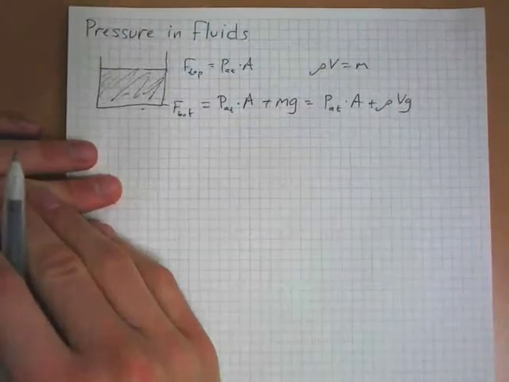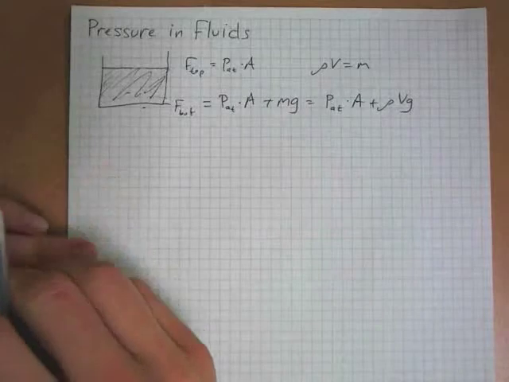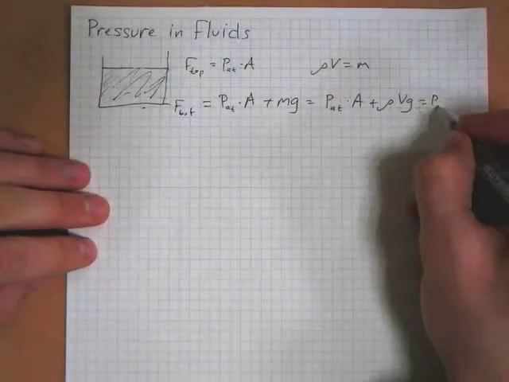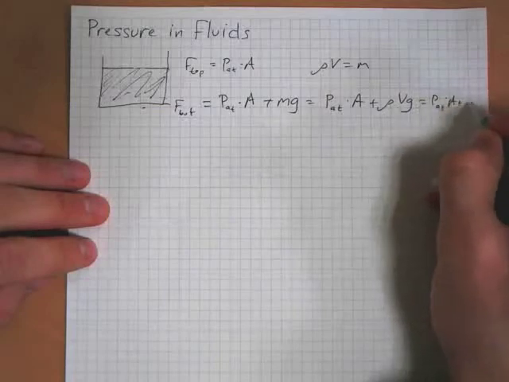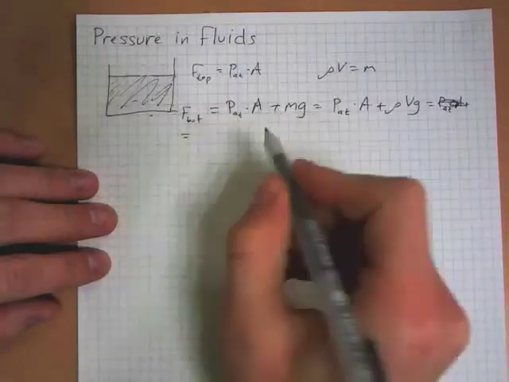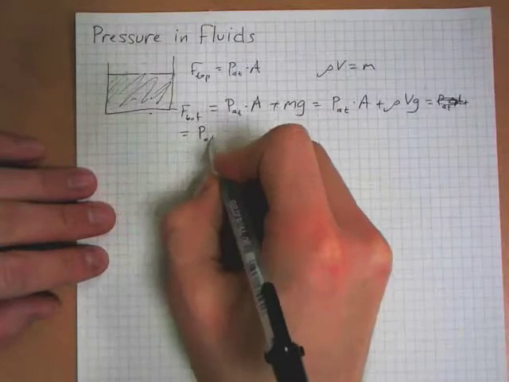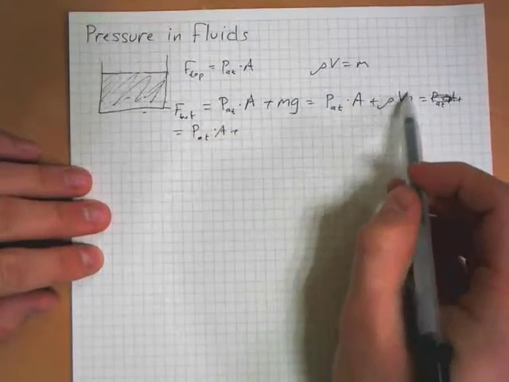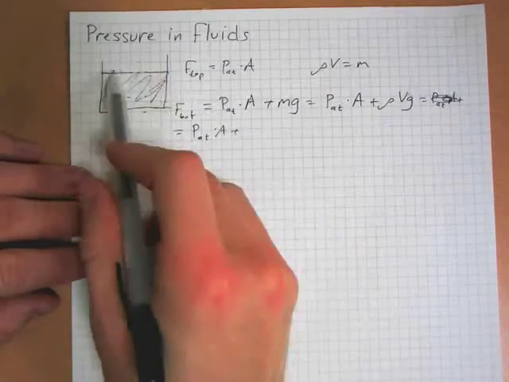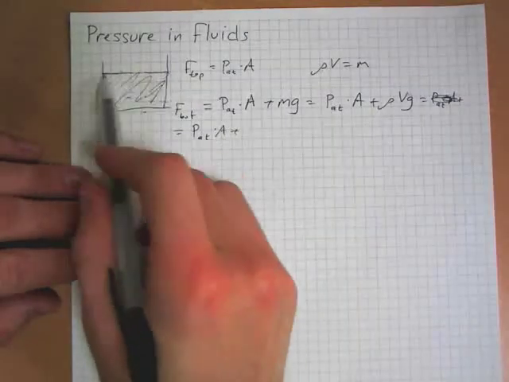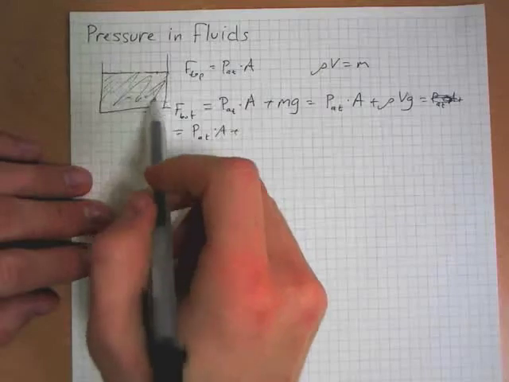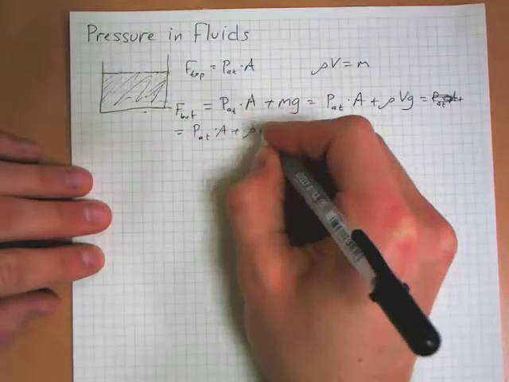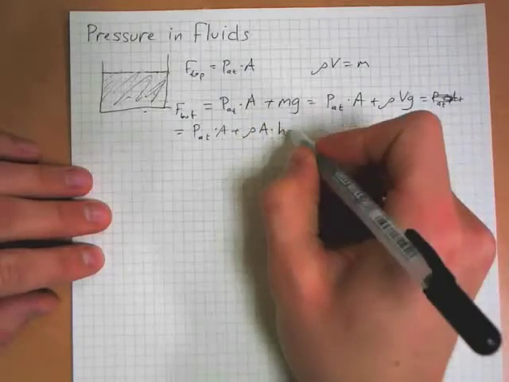Now this volume, just using geometry, I'm running out of space, I'll do this in the next line. We have atmospheric pressure times A plus, if this is a regularly shaped container, the volume is the area of the surface times the height of the container. So that volume becomes area times height times g.